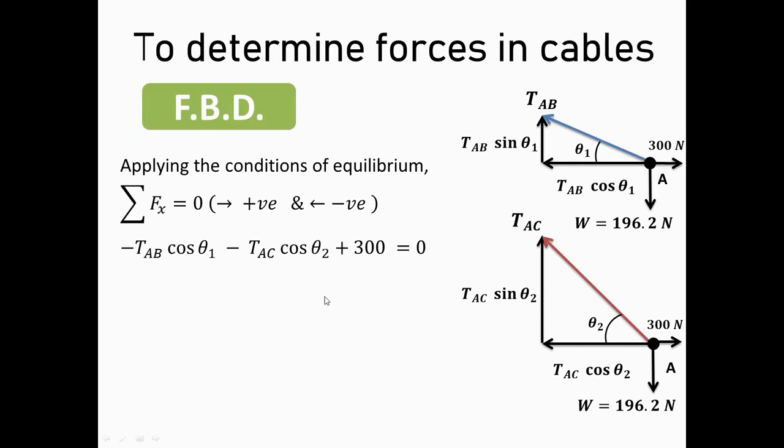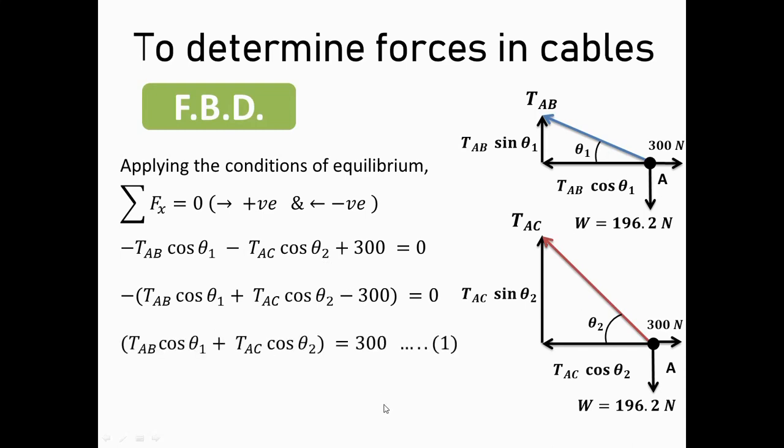TAC cos theta 2 is also negative, but 300 Newton is positive because it is acting in the positive x direction. If you take the minus sign common, these two minus signs will become plus and this plus will become minus, or you can say transfer this negative 300 to the other side and it will become positive. So our first equation is TAB cos theta 1 plus TAC cos theta 2 is equal to 300.